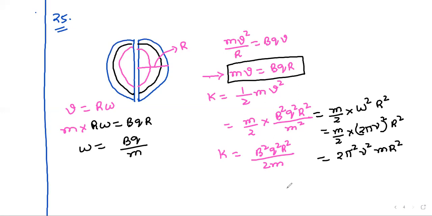Fine. And then we need to find the magnetic field. The magnetic field we can write from bqr equal to mv, or we can write omega equal to 2 pi nu. So B equal to m omega by q, that is m by q into 2 pi nu.